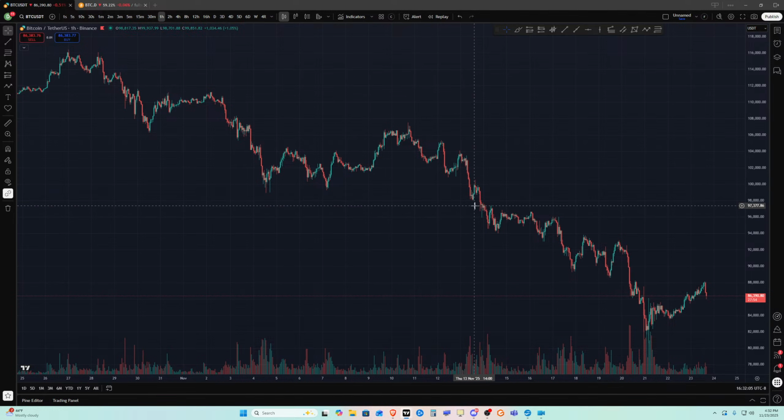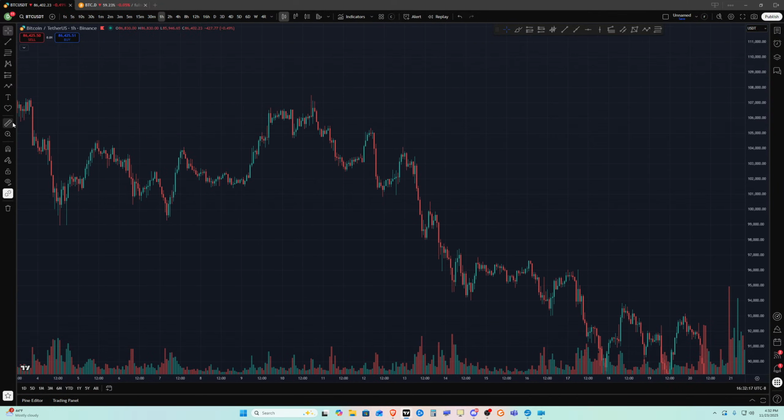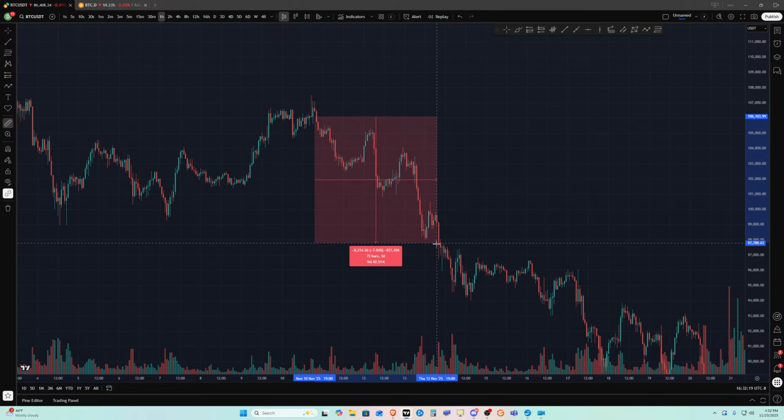So let's say I'll just take a profit right here. I don't care if it goes lower, but on a 1 hour chart, let's count the candles really quick. Right here to here's your new low. 74 bars, 3 days. That's a 3-day trade.